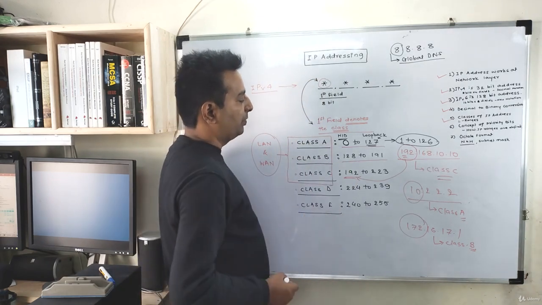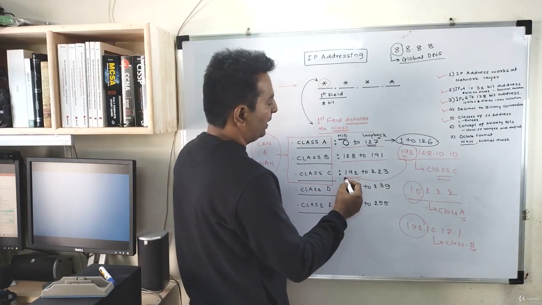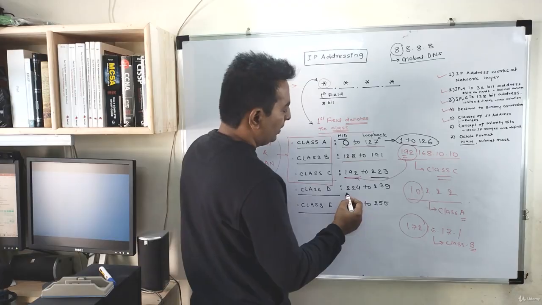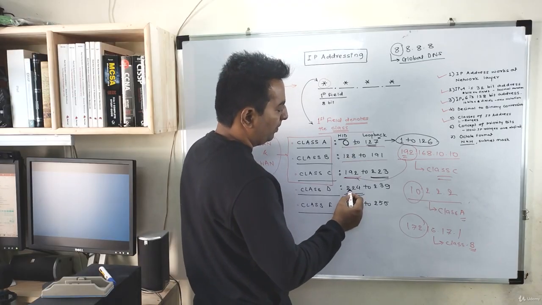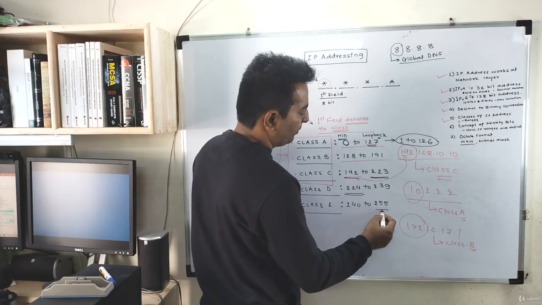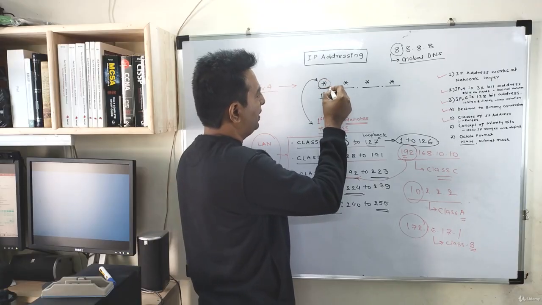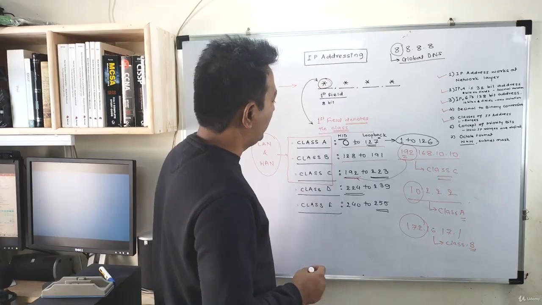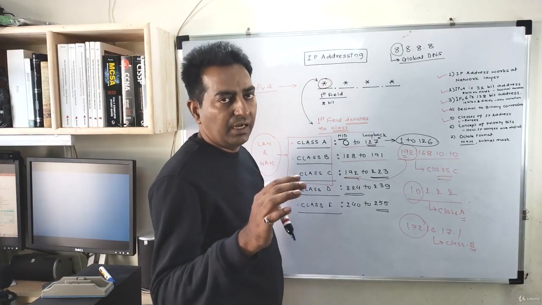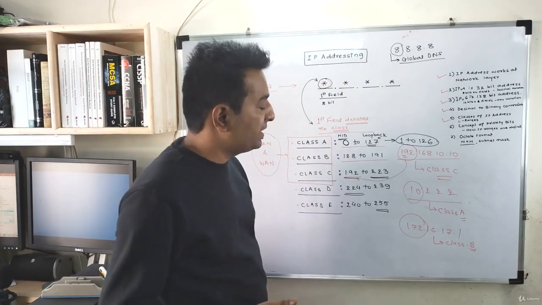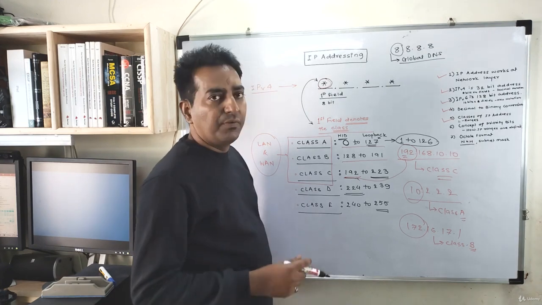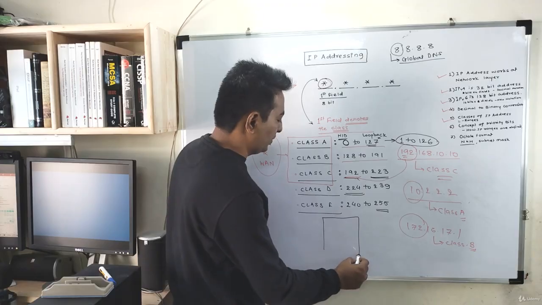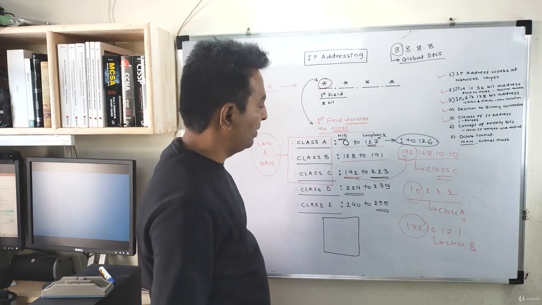Class B is going to be the same. Class C again, 192 to 223 is the range. But if you try to use a number from 224 to 255 in the first field of the IP address, your computer will simply not allow. If you try, just open the network settings, right click, go to the network adapter, go to properties, and when you open IPv4 and click on the properties button, there you can see an option to define the IP address on your computer.